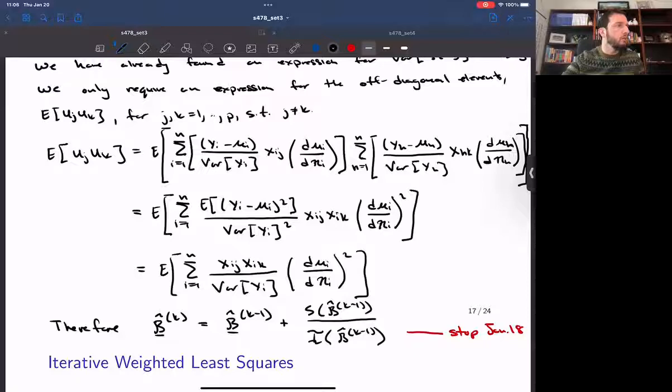We worked on the off-diagonal elements, and then the variance of the score function, we have a solution for, which we would have found in an earlier lecture set. I just want to confirm that.